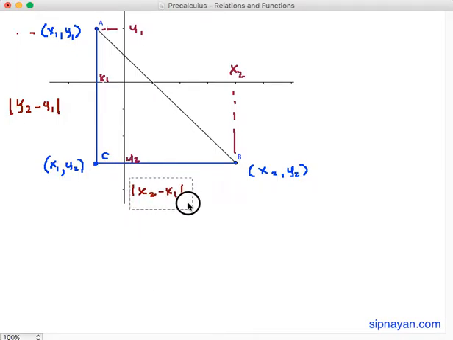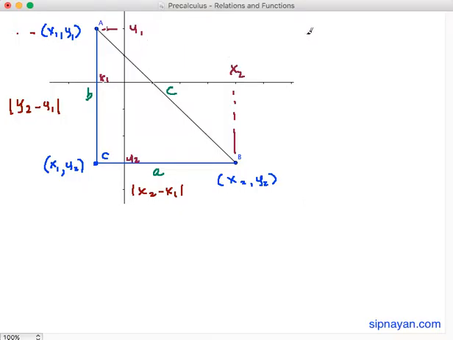Okay? Now, for the Pythagorean theorem, we'll represent the sides as a, b, and c, like what we did in the previous video. Side a is opposite angle A, side b is opposite angle B, and side c is opposite angle C. The Pythagorean theorem says that the square of the length of the hypotenuse is equal to the sum of the squares of the lengths of the legs.